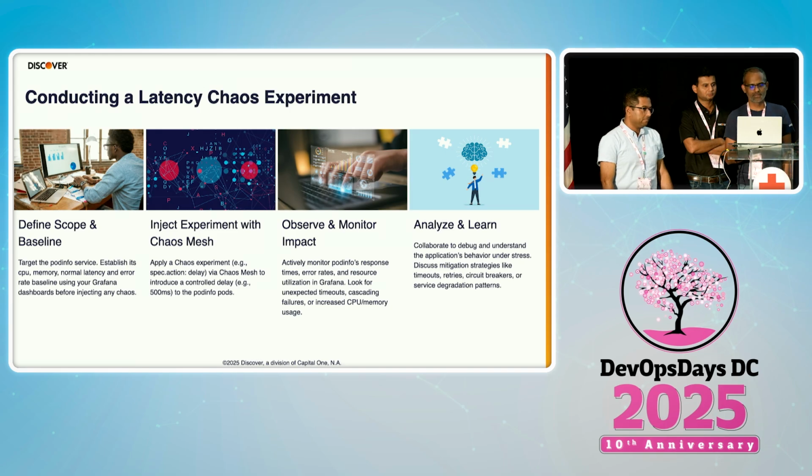We can try different chaos experiments with network latency and other things. And finally, observe what is happening when the chaos experiment is running, using Grafana or any other observability tool like Datadog or Instana. And finally, analyze the impact and what actions you have taken, and then learn from it.